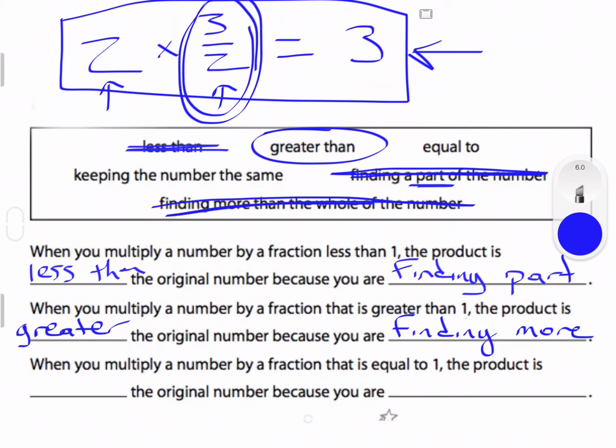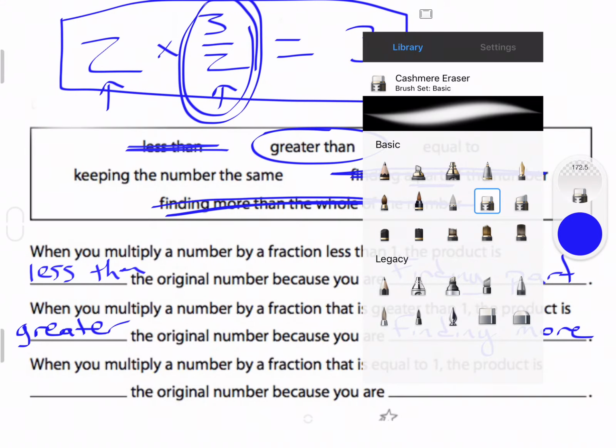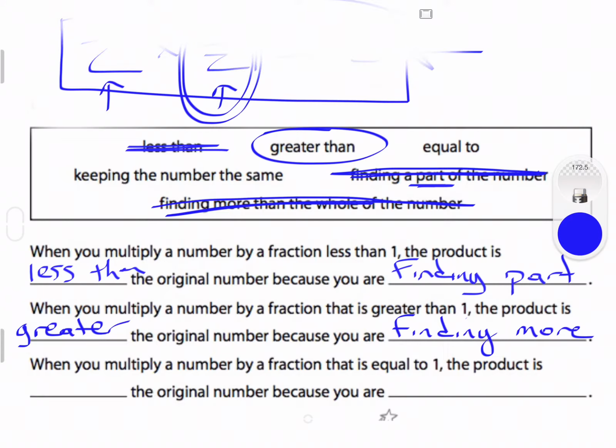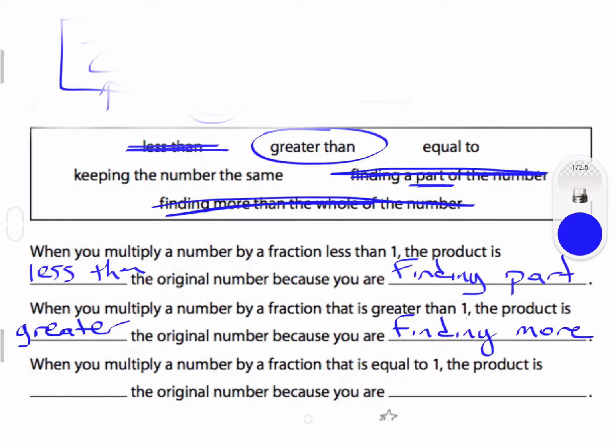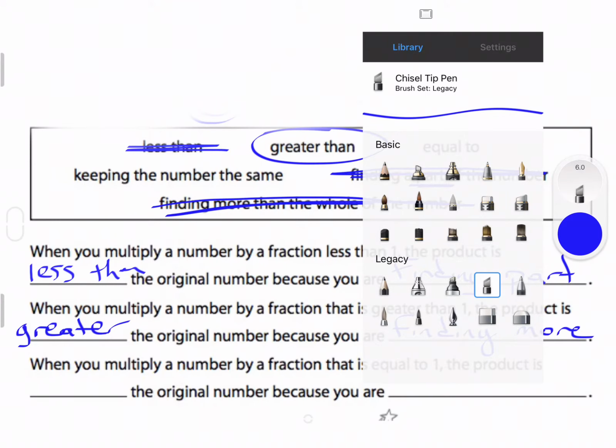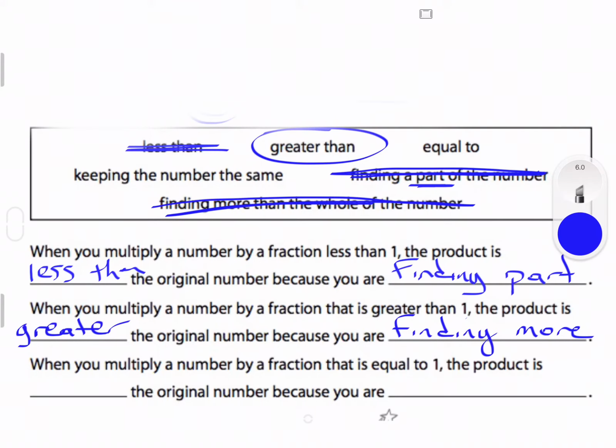Which means that the last two probably go in the last one. But let's actually work it through to see if we can catch any mistakes in our understanding. So, when you multiply a number by a fraction that is equal to 1, the product is blank the original number because you are blank. Let's just make an expression that matches those words.